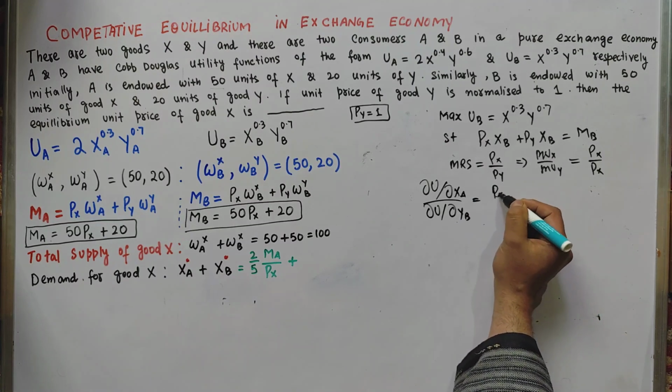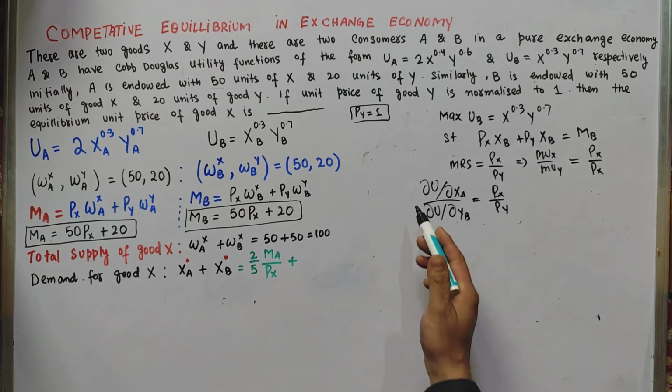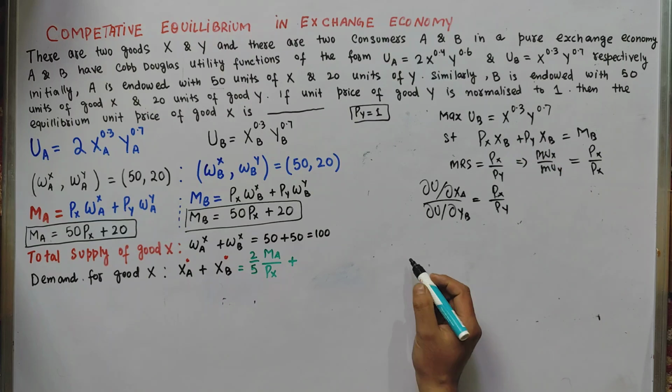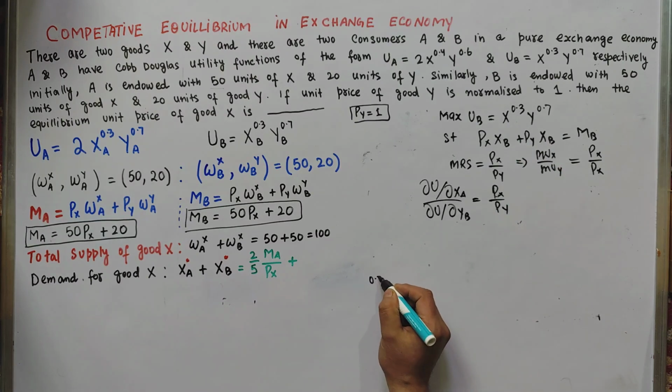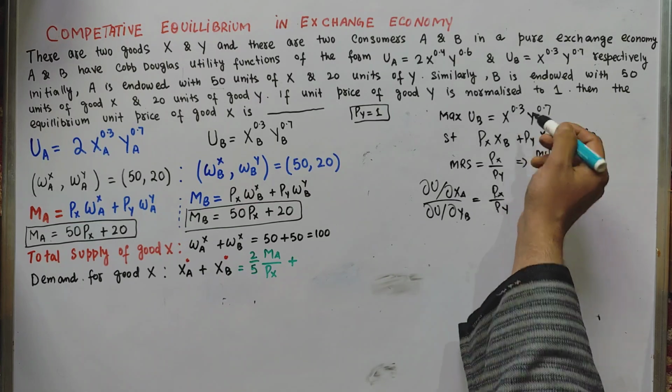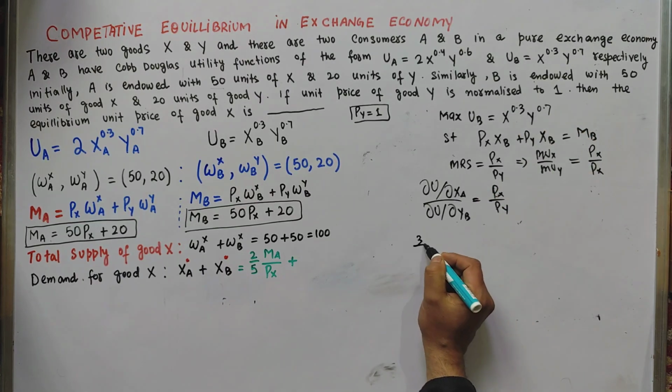It should be equal to price of x upon price of y. dU upon dx means the partial derivative of this function with respect to x here. Okay, so 0.3 can be written as 3 upon 10 here. So in place of the exponent of x it becomes the coefficient, so we have 3 upon 10.